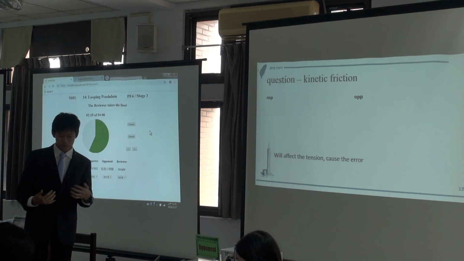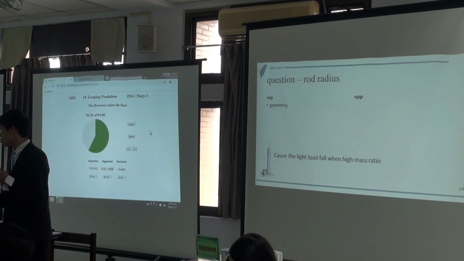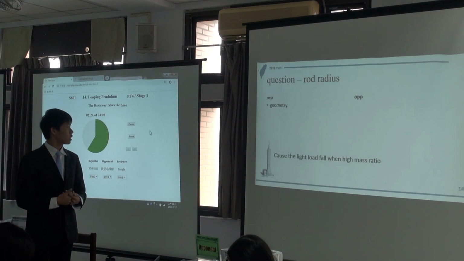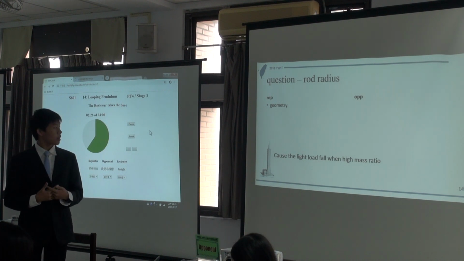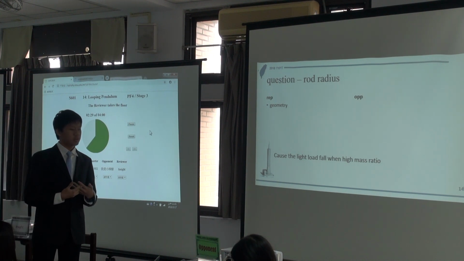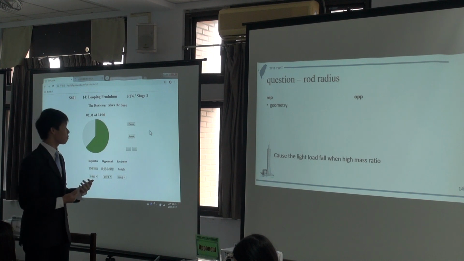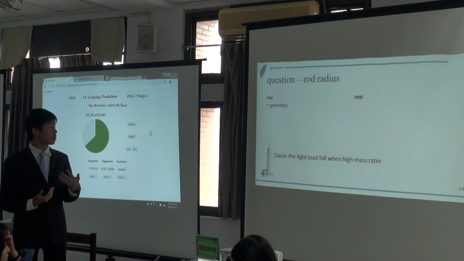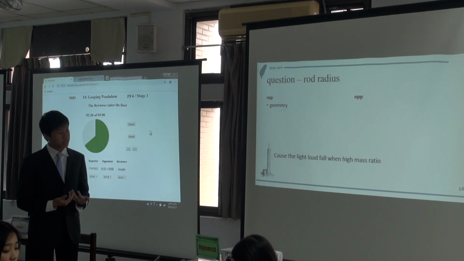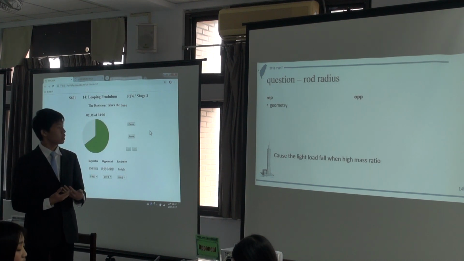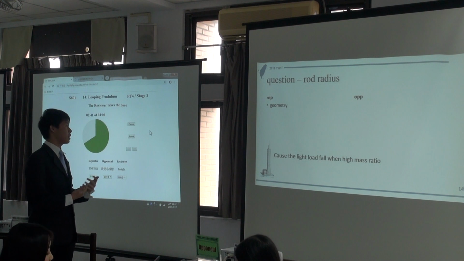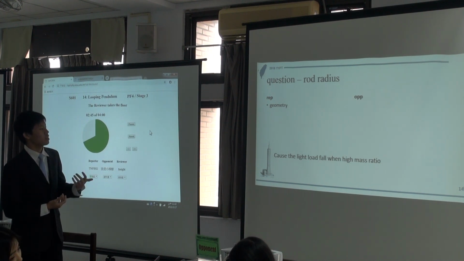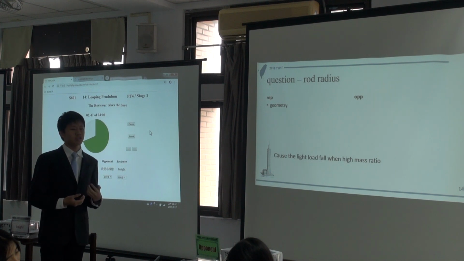We asked about the connected energy, and the reporter answered they have to measure it. And we asked about the rod radius, whether it will affect the result. The reporter answered it may affect the friction part and the geometry of the string, and we agree, and it may cause the light load to fall at a high mass ratio.